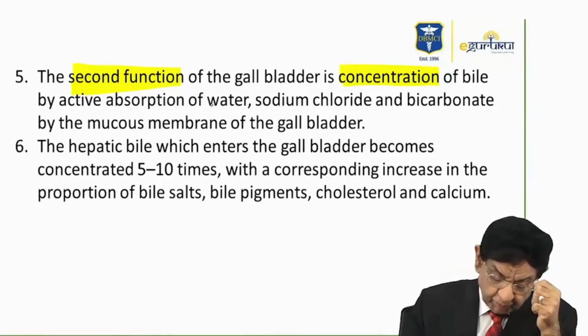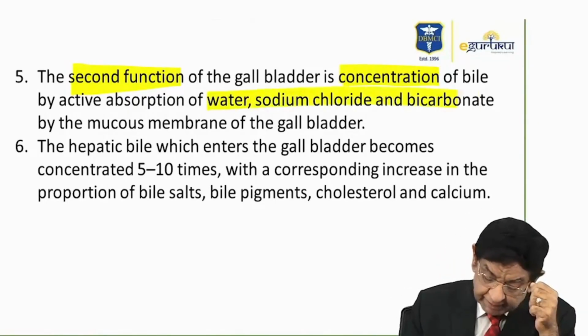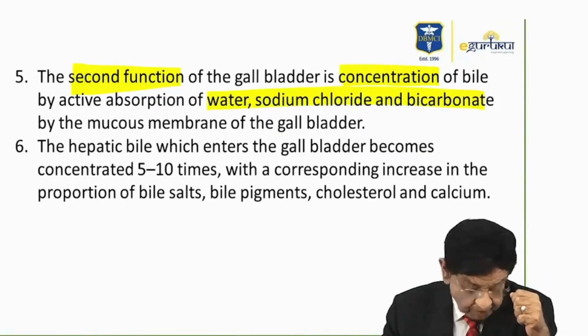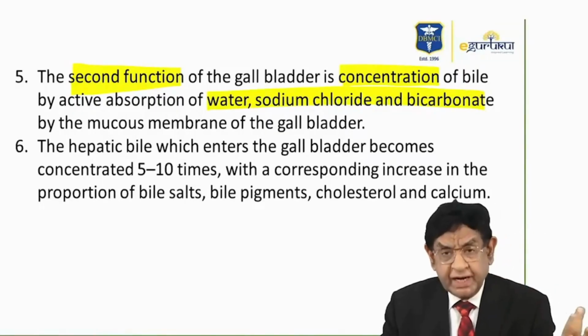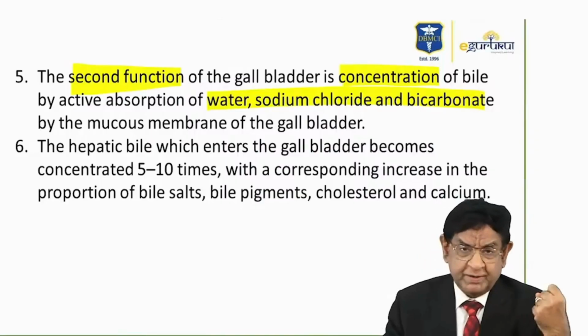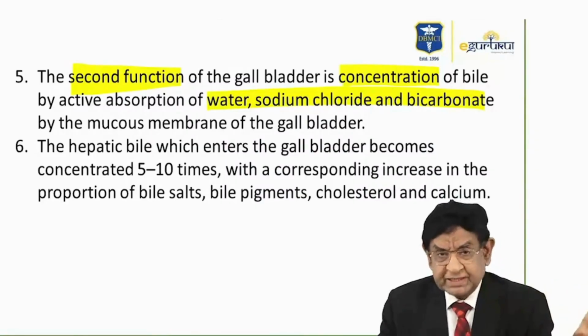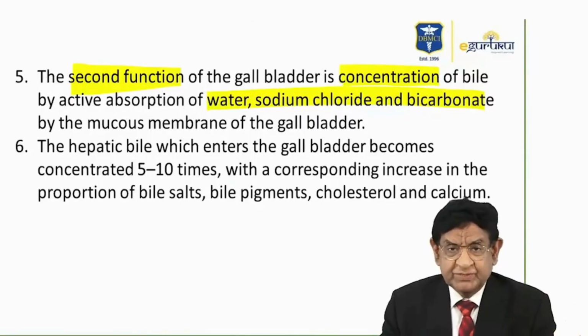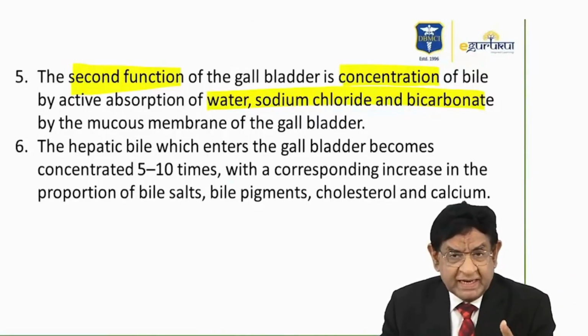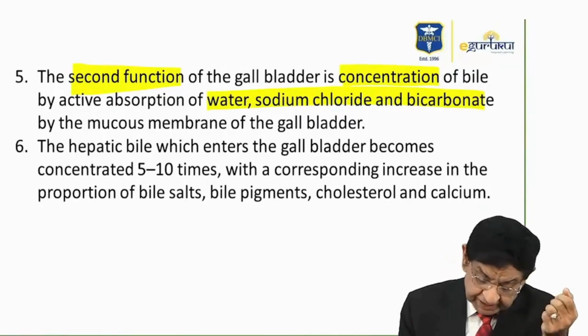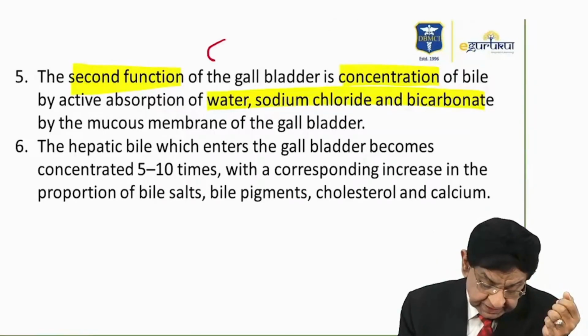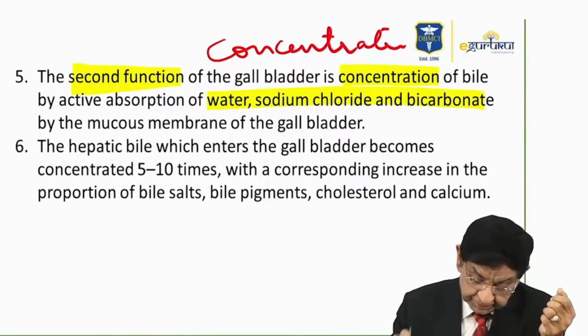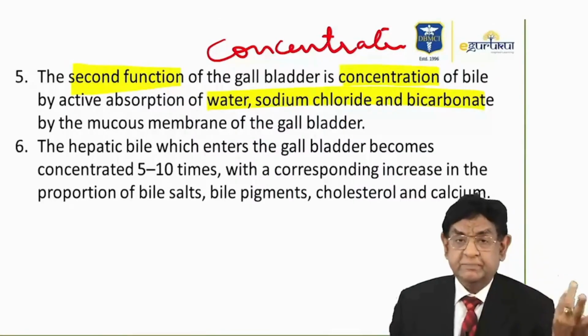So it will absorb water, sodium chloride and bicarbonate. Okay. So it will absorb water. As a result, whatever bile is made will be concentrated. So definitely it will become concentrated.